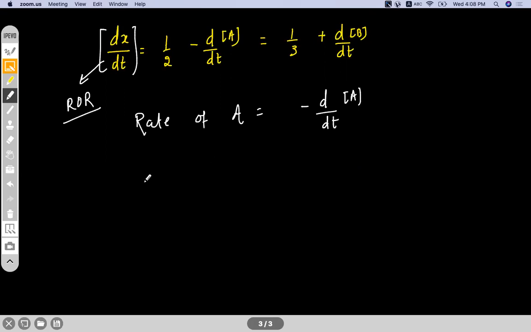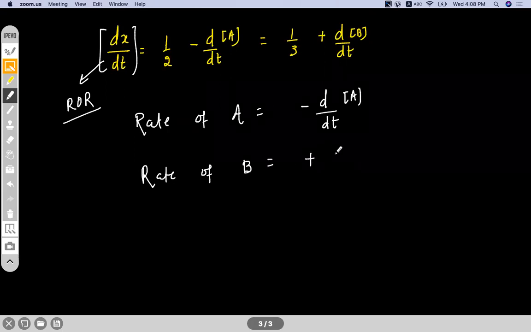And the rate of B is the production of B, plus d concentration of B by dt. These are the two things you must take care of. So last class we discussed till here. It was just a quick recap.